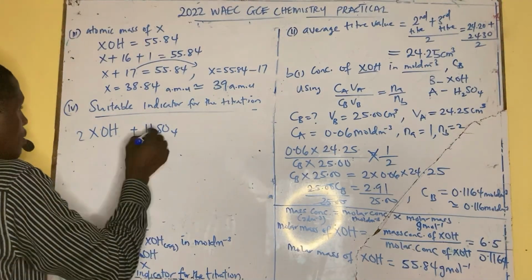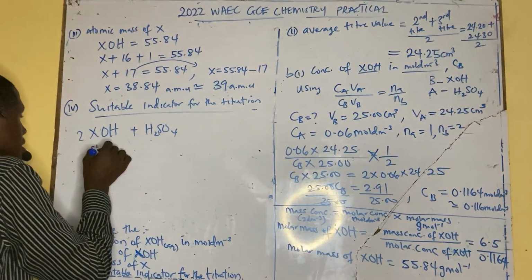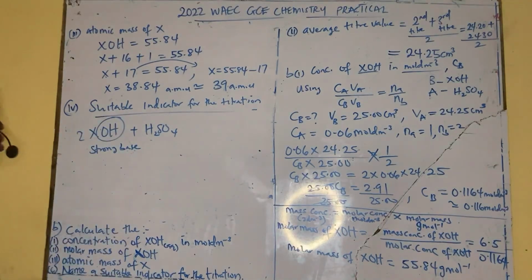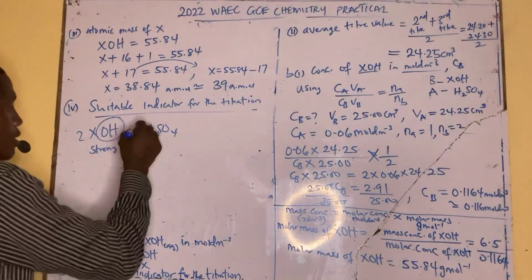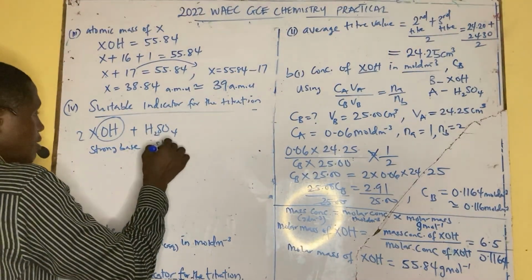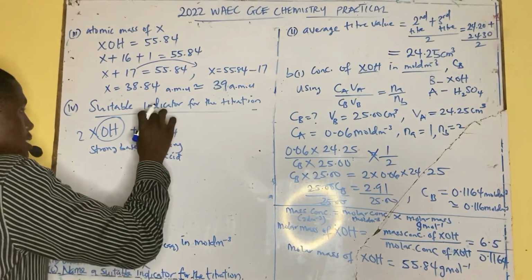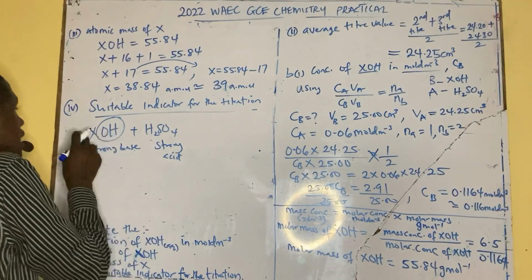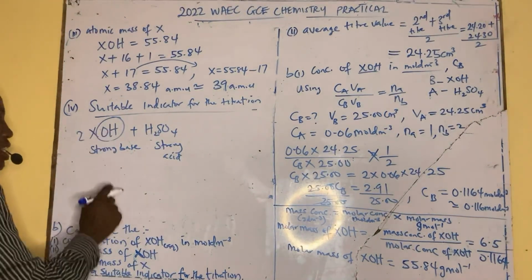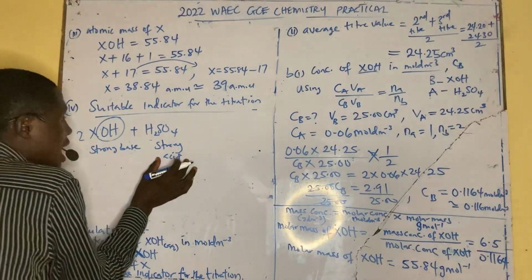This is a strong base. Why is it a strong base? It contains OH. And H2SO4 is a strong acid, and anything that contains OH is a strong base. So this is a titration between a strong base and a strong acid.